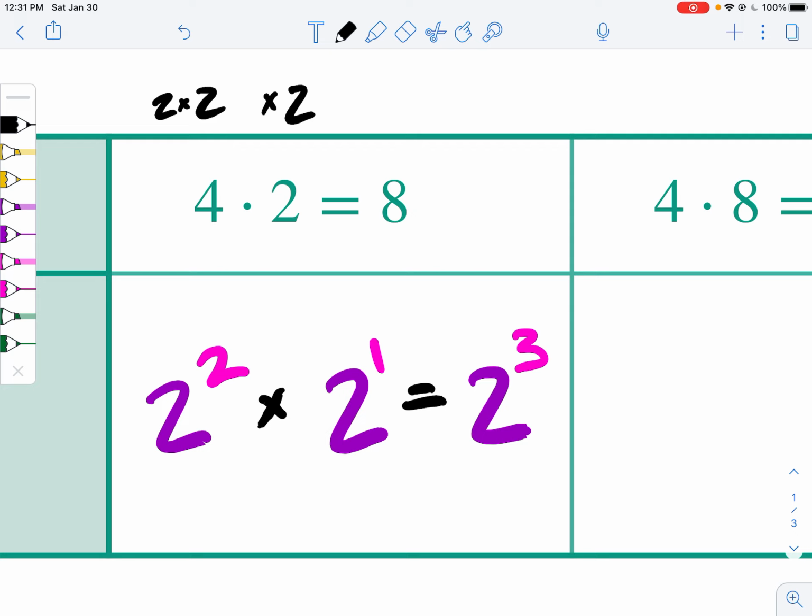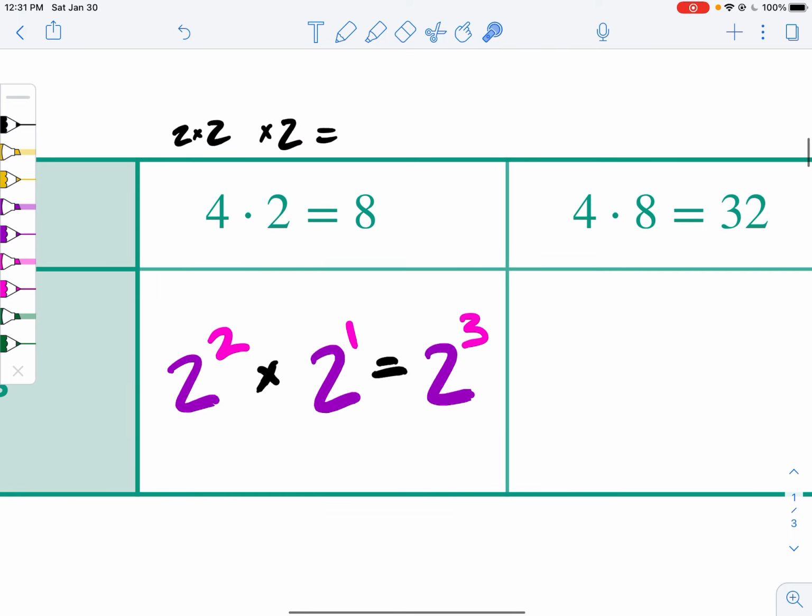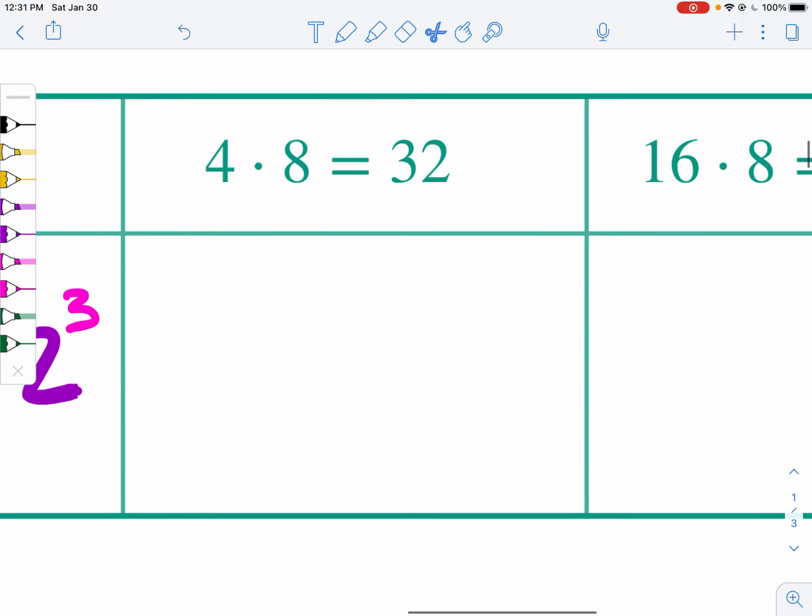So it's twice, once, and 8 then is 2 cubed, because you multiply 3 2's together. So there you go. That's one way to write that as an expression of powers of 2.